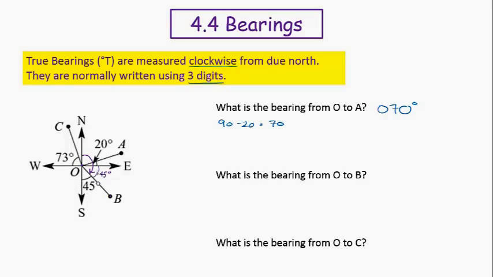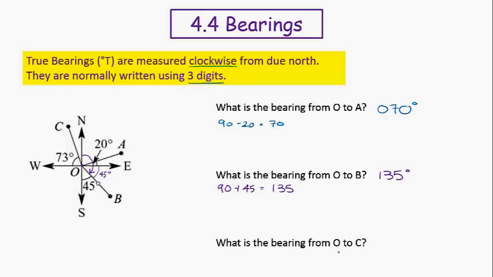So that bearing all the way from north has to be 90 plus 45, which is 135. So the bearing is 135 degrees. You also could have looked at it this way: going from north to south is 180 degrees, so you could have done 180 minus that 45. Either way will get you to a bearing of 135.